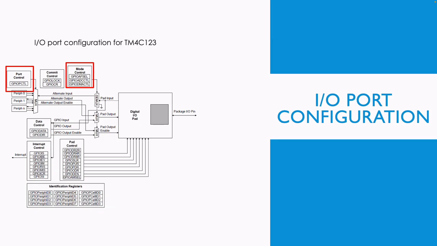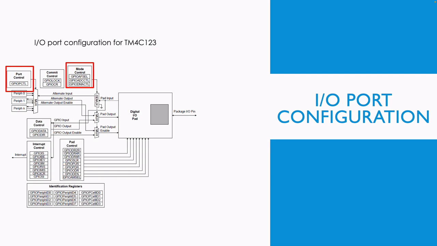The Stellaris microcontroller, the Tiva-C that we are using, has, here we can see, a port control and a mode control. These two registers have to be configured in order to start using the inputs and outputs that the microcontroller has available.